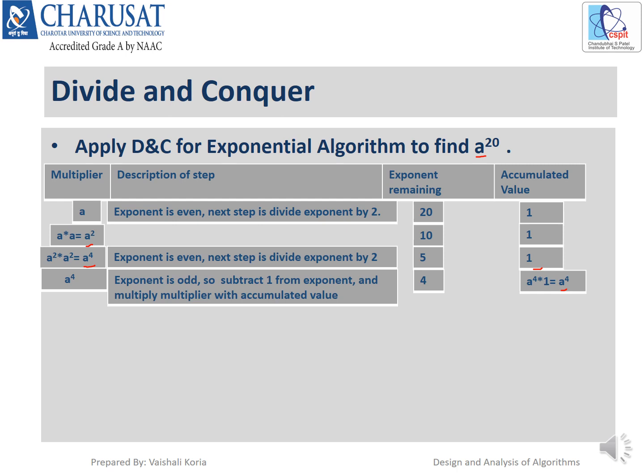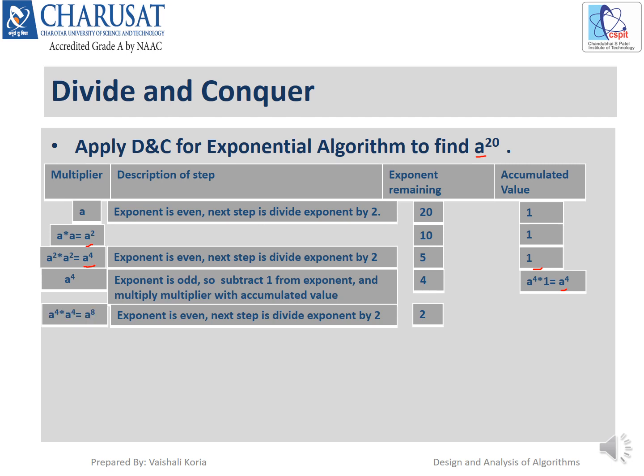So you can see here that 4 is an even number, so we have to divide it by 2. So now the 2 is there in the exponent, and multiplier will multiply with itself. So a raised to 4 into a raised to 4, that is a raised to 8. The next is now exponent is 2, that is again an even number. So we have to multiply the multiplier with itself.